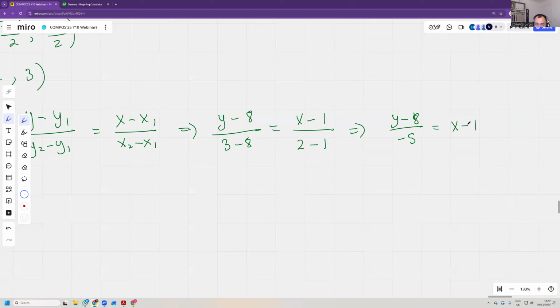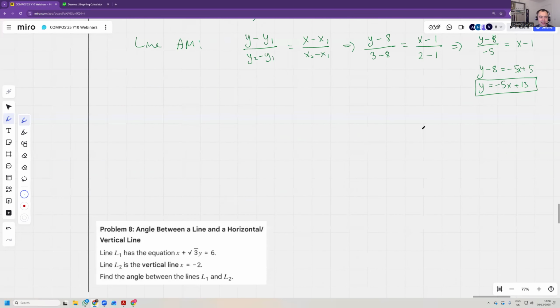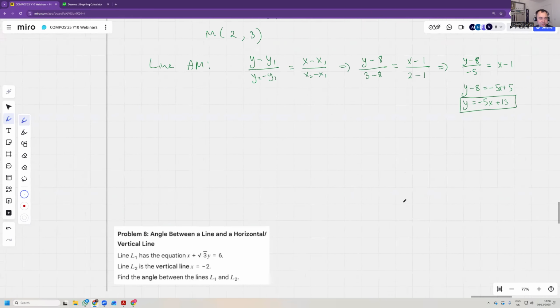So it is x minus 1. Multiply everything by negative 5. So y minus 8 equals minus 5x plus 5. y equals minus 5x plus 13. And that's the equation of the straight line. Okay.